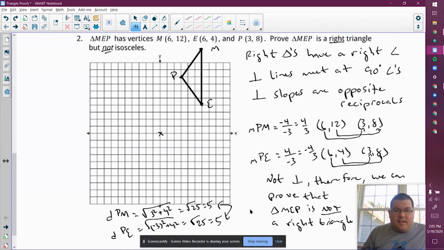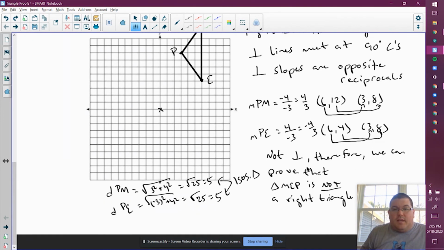We'll think back to exercise number 1, right? That means that we have an isosceles triangle. So in essence, this question is almost backward, right? Not only can we prove that it is not a right triangle, but we can prove that it is isosceles, okay?